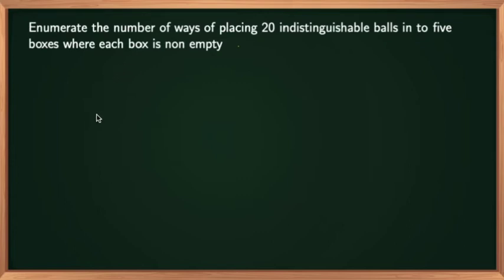Which means what will be the immediate change which you can think about is the 5 boxes are there. There should be at least one ball in every box. Correct? There should be at least one ball in every box. Now you think about this one ball, that is 5 balls distributed into each of the boxes, right? Which means you will be left with 15 balls now, right?